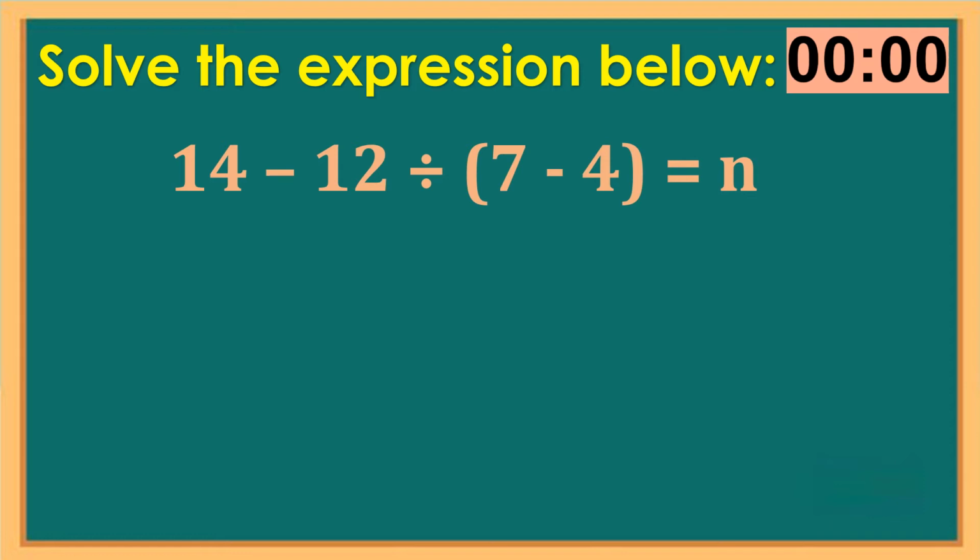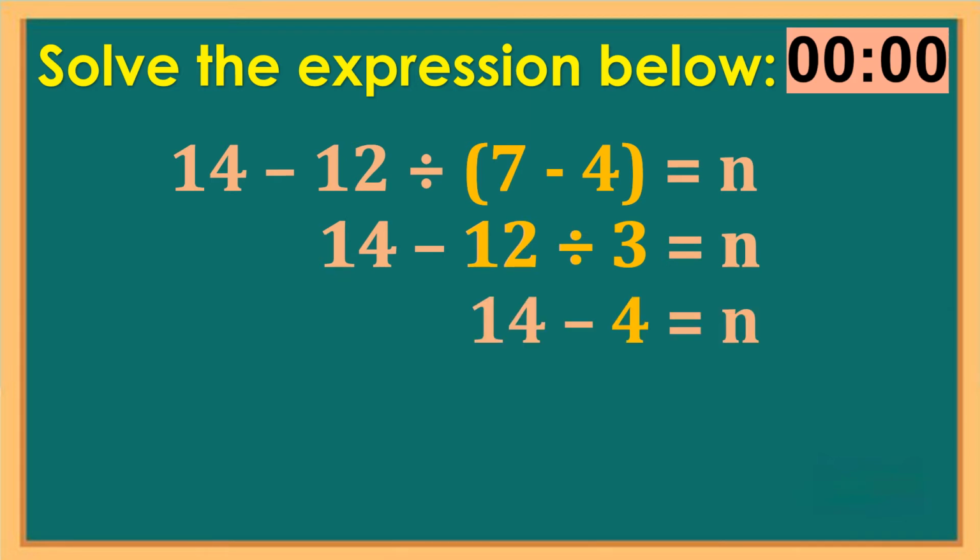Using the PEMDAS rule, let's start with the ones inside the parentheses. 7 minus 4 is 3. Then we have the division. 12 divided by 3 is 4. Then subtraction. 14 minus 4, and the answer is 10.